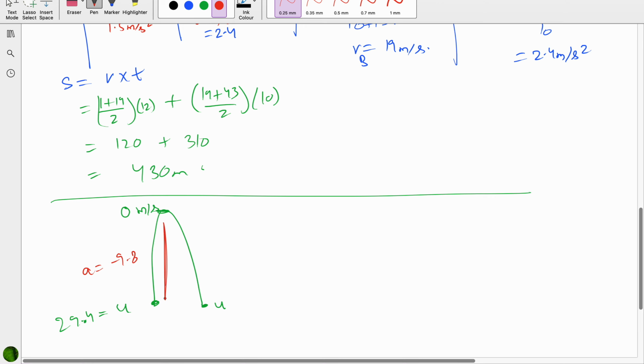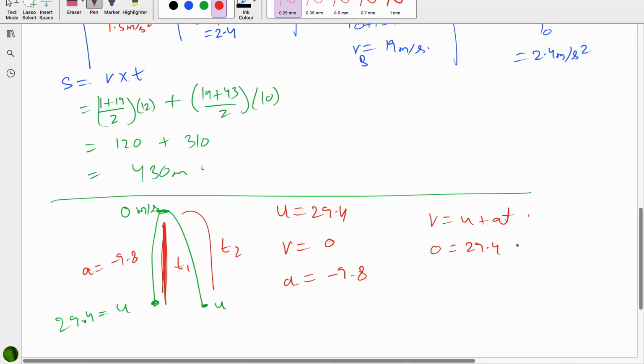So if I solve for the first part and then the second part, t1: my initial speed is 29.4, final speed is 0, acceleration is minus 9.8. So v equals u plus at: final 0, initial 29.4, acceleration minus 9.8, and time is unknown.